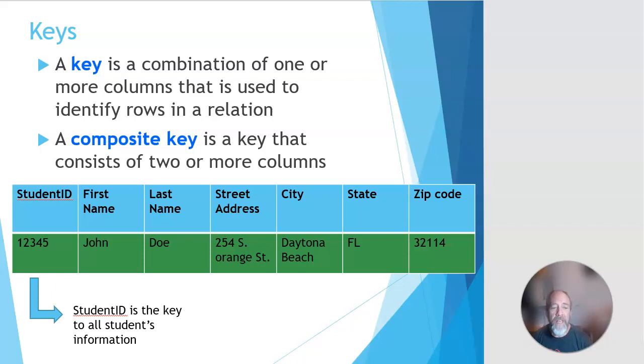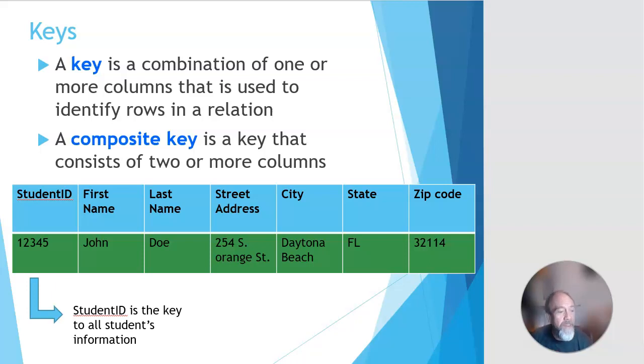Now, a key can be a single column. A key can be multiple columns, like two columns together. If we didn't have a student ID, it might be better to use the first name and the last name. But there could be other people named John Doe. The key needs to be unique, so student ID would be a better choice.